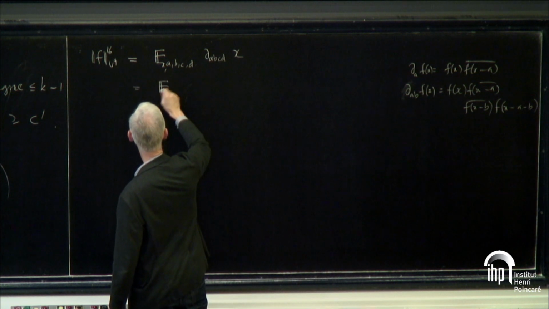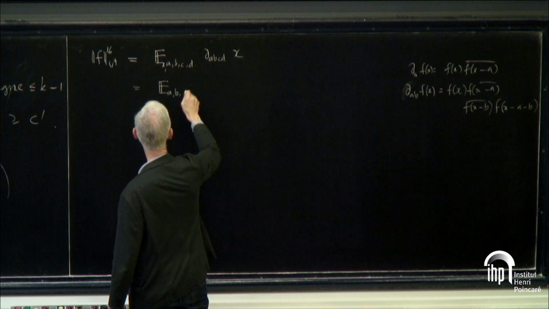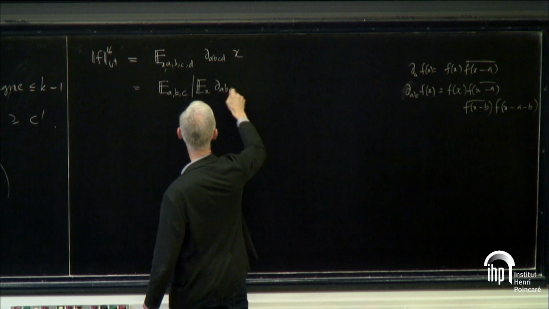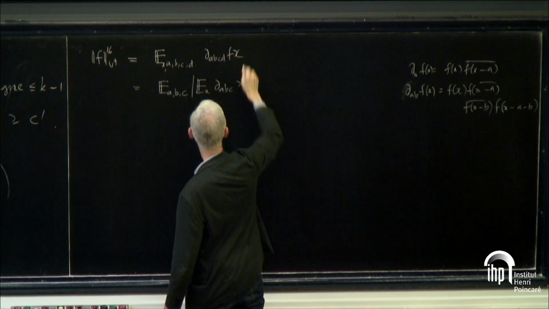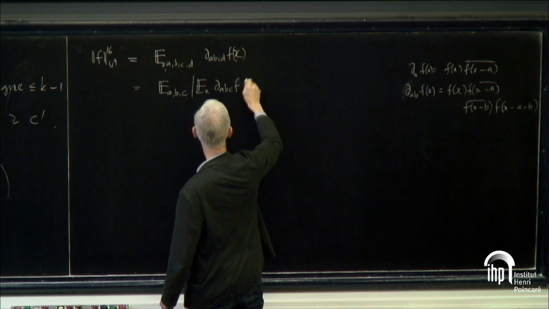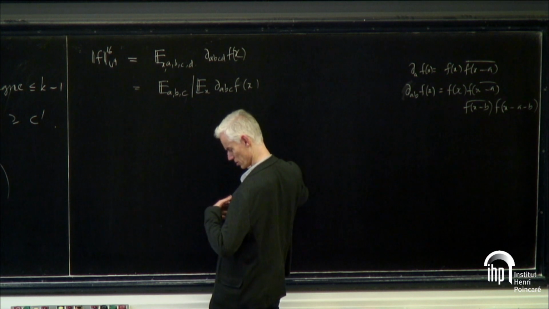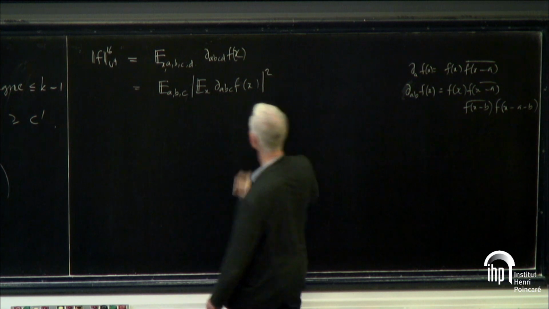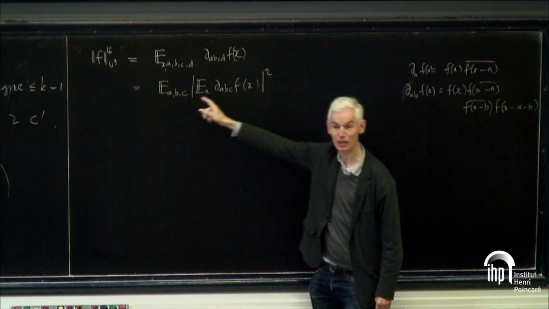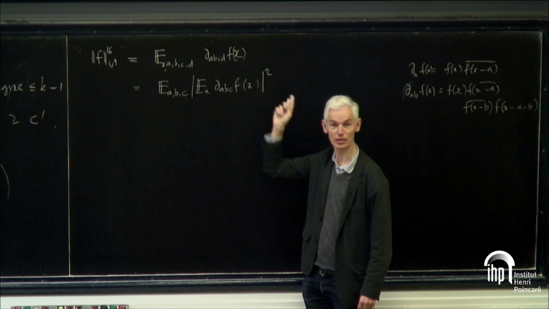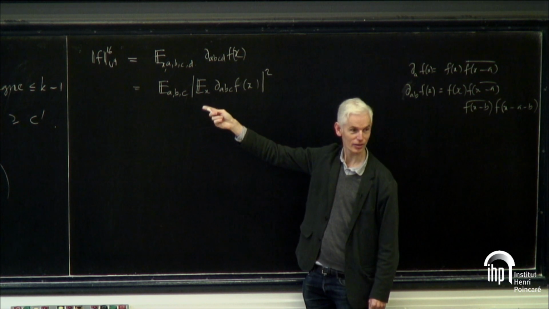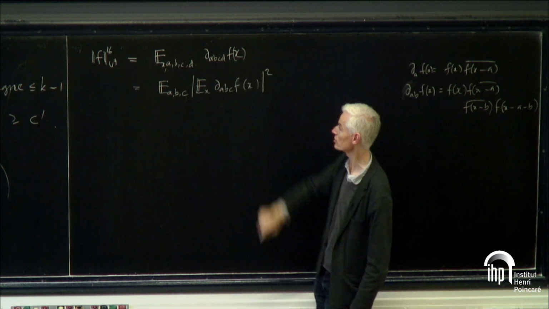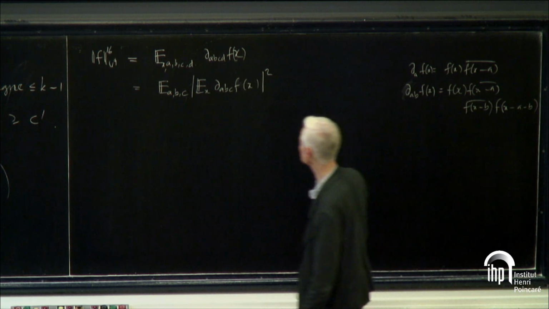It's also the average over a, b, c of the average over x of delta a, b, c f, squared. So why is that? It's because when you expand out this bracket, you get an x and a y. And if you call the y x minus d, you make a little change of variables, and you get back to the formula there. And we can repeat this game.